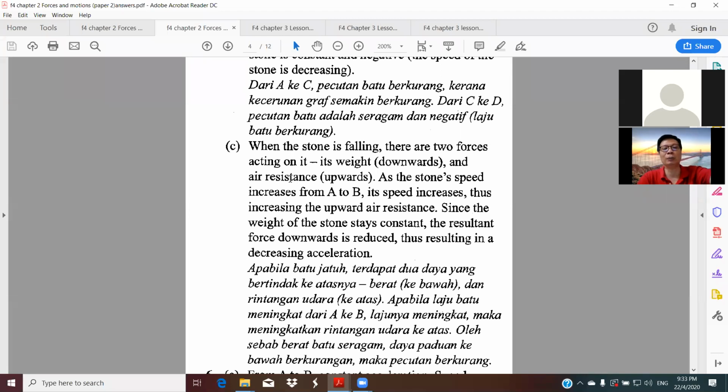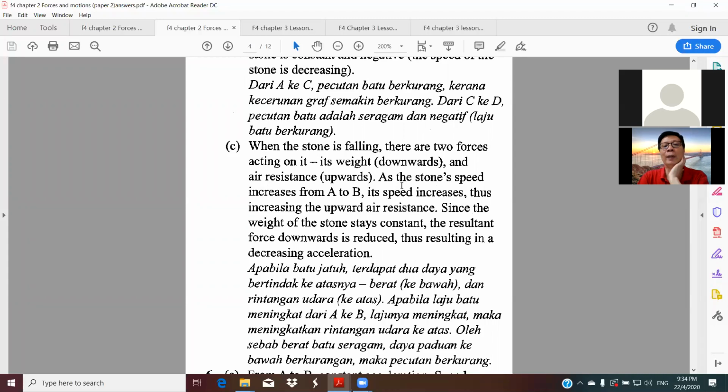As the stone speed increases from A to B, this one is talking about A to B, not inside the water, sorry. So there are two forces. One is the air resistance, because it's A to B, before going inside the water. The other one is weight.